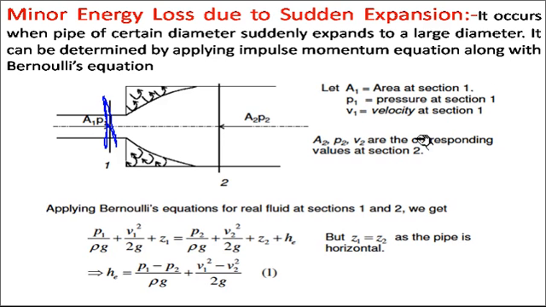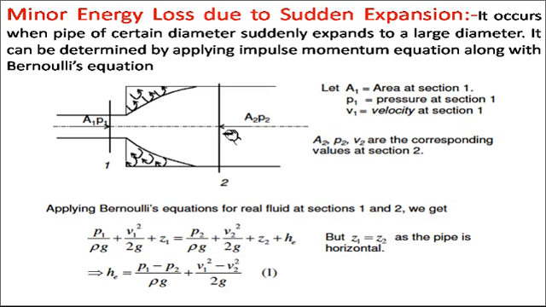Now why do we have to apply the impulse momentum equation along with Bernoulli's equation? We will concentrate on section 1 and section 2. At section 1, the diameter of the pipe is less as compared to section 2. As the diameter is less, the velocity will be more at section 1, and at section 2 the velocity will be less as compared to section 1.